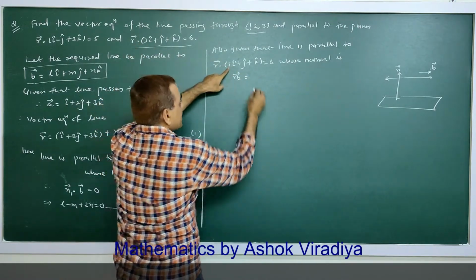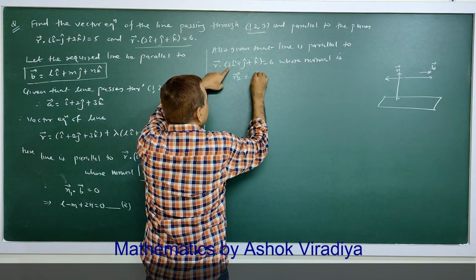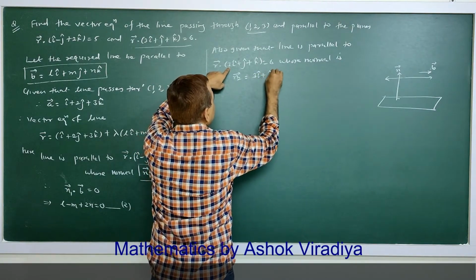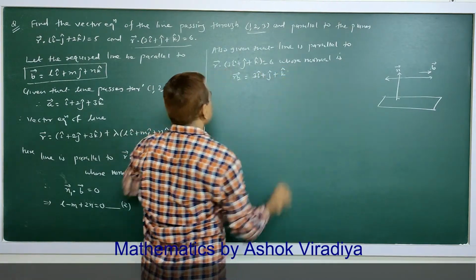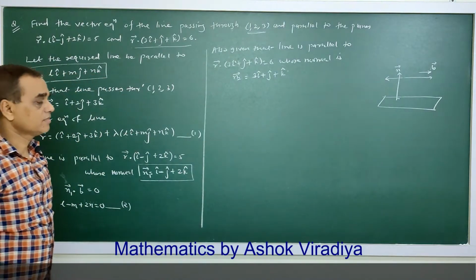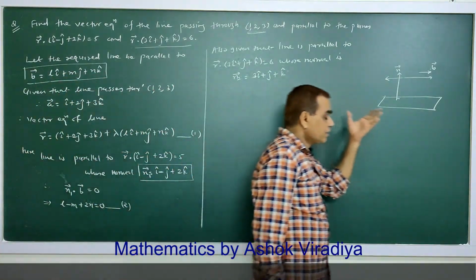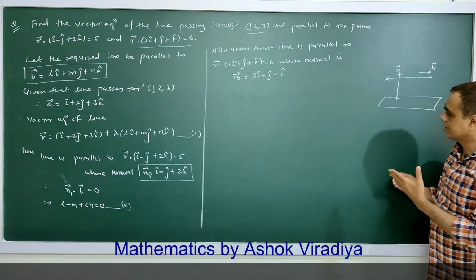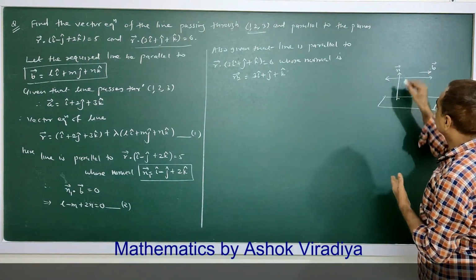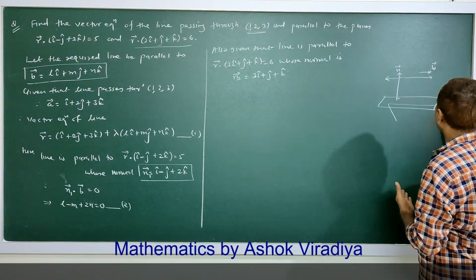So the normal of this plane is 3i plus j plus k. So the line is parallel to another plane. So another plane can be something like this. It can be like this.